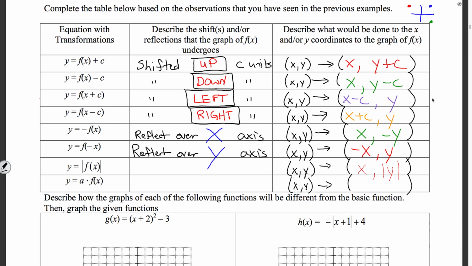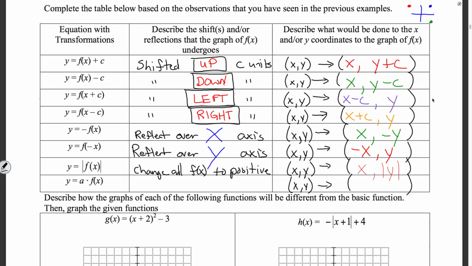We're going to say it's going to change all f of x to positive. Not the x, it's going to change the f of x, which is our y.